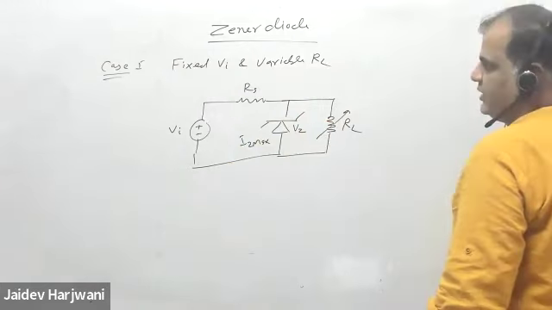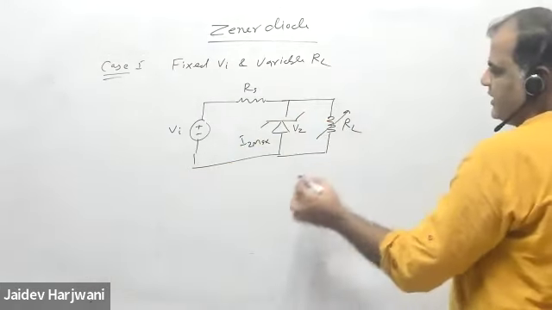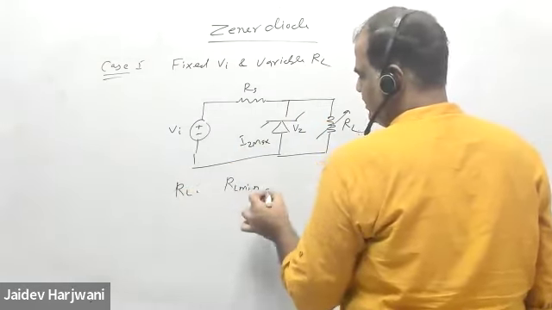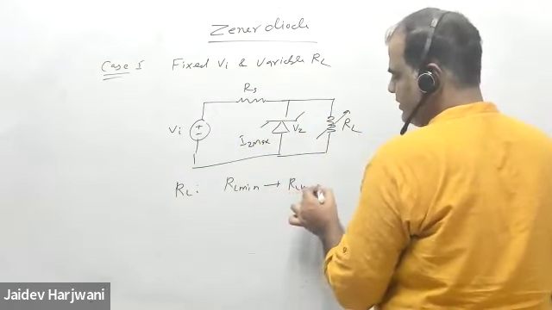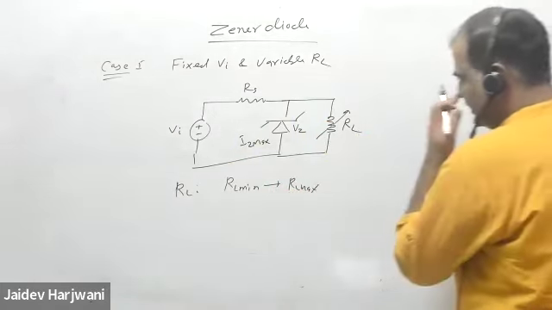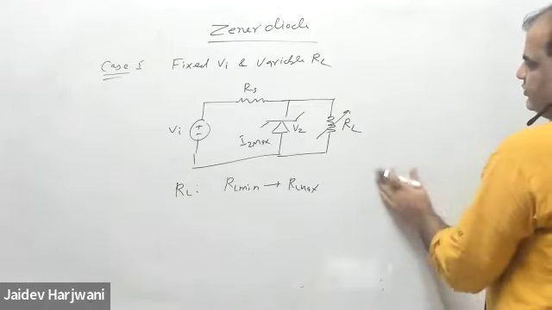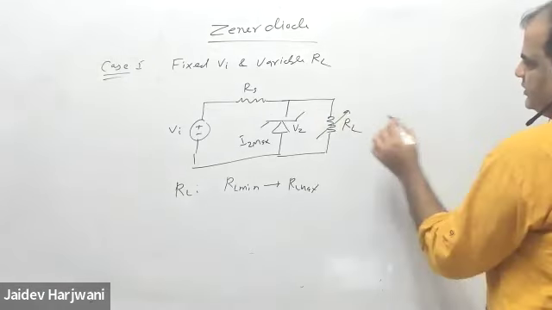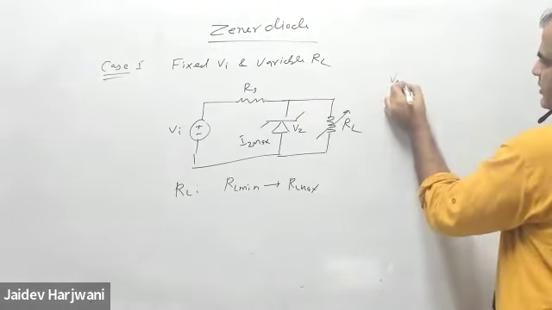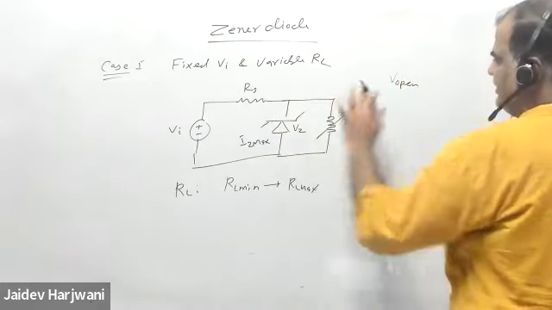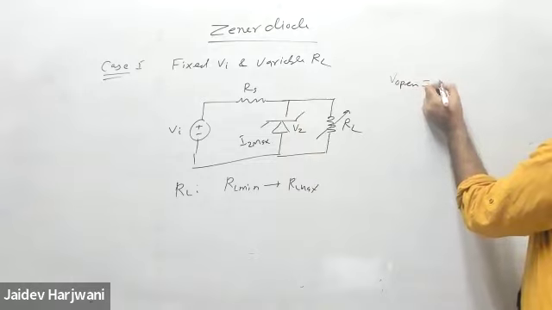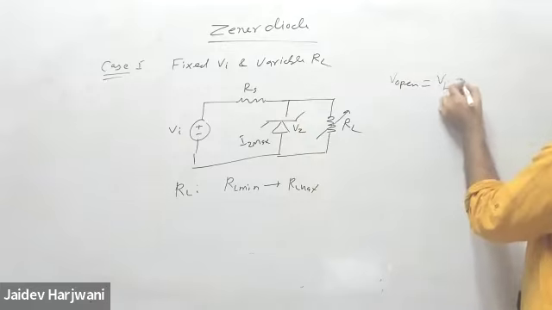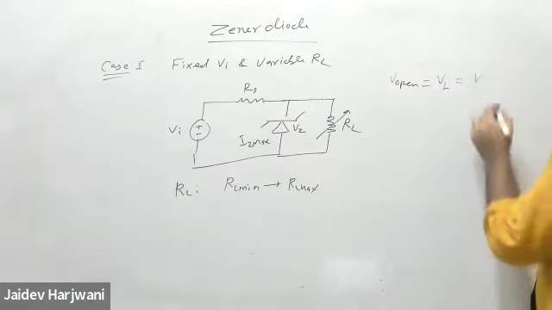We found that this RL can vary from RL minimum to RL max. In order to find RL minimum, we said the voltage across RL, or V load, we will put equal to VZ.